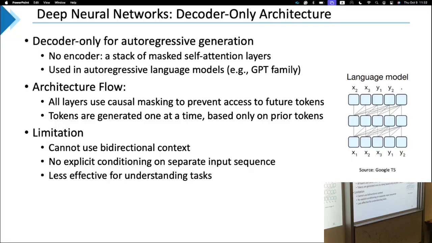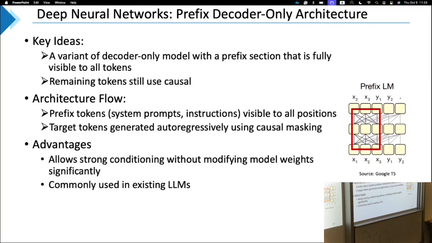But this is still not very efficient, especially when you have some context, let's say question answering. For the question, it's still better to keep the visibility of the full question, because we need to extract information and get more context. So based on this, a more reasonable design is the final one we have here. It's called prefix decoder-only architecture.